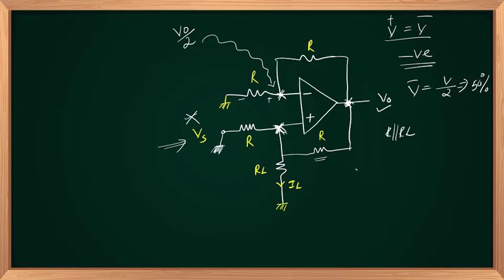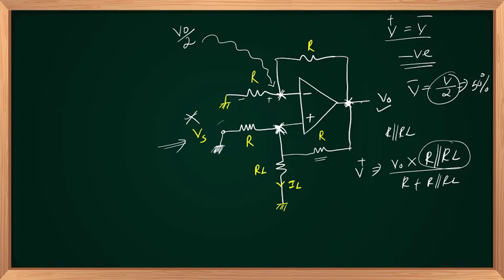So you can write V plus equal to V out multiplied by R parallel RL, this equivalent resistance, upon R plus R parallel RL, right? So R parallel RL will always be less than R. So V minus was equal to V out by 2.